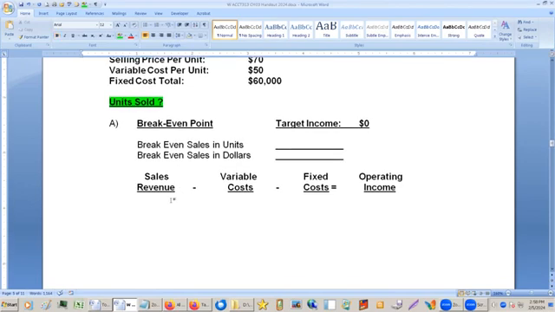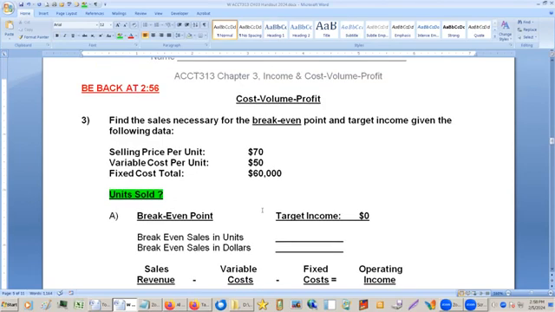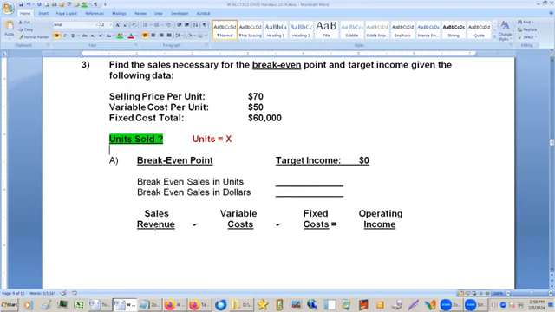Okay. Well, I'll show you the way I show this. Now, when I show it, I'm going to put X in whenever we have units because we're trying to solve for X. Okay, so I'm going to put this in a formula. So let's see our sales revenue.